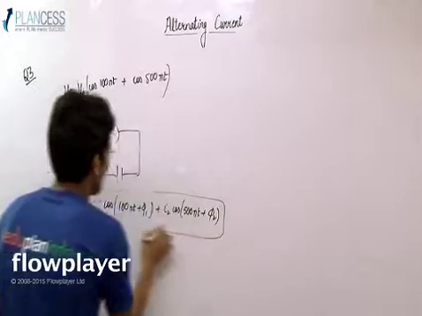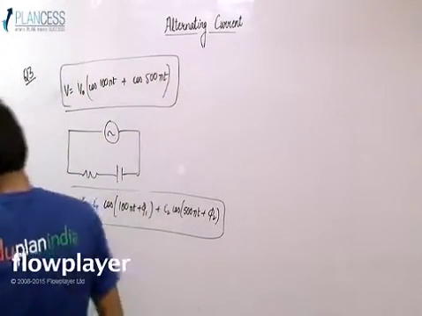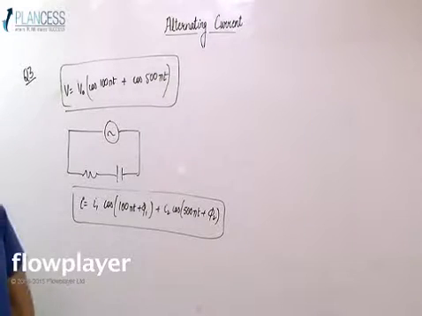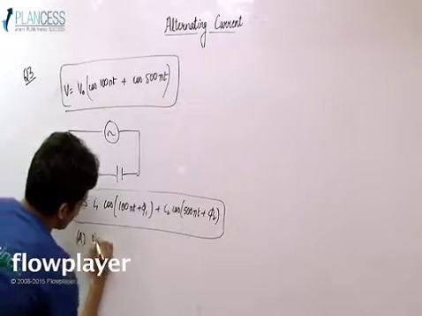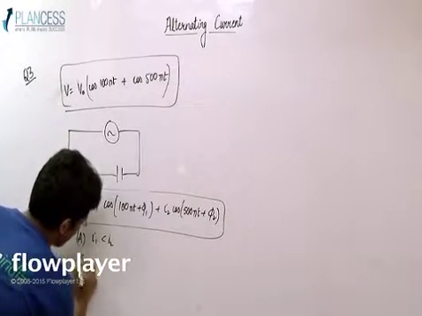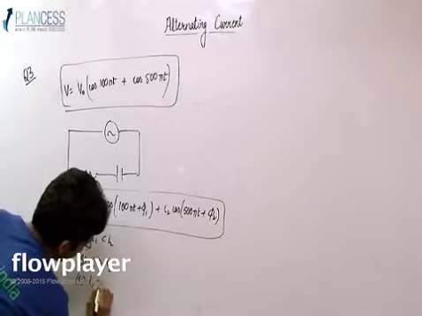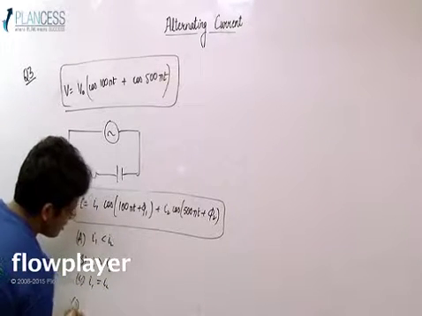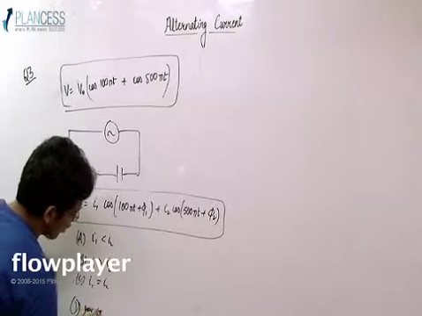This is the instantaneous value of the current, and this is the instantaneous value of the voltage. Now there are some options. A: I1 is less than I2, B: I1 is greater than I2, C: I1 is equal to I2, and D: you cannot find.